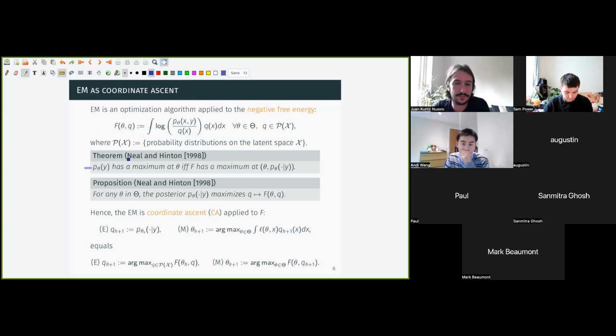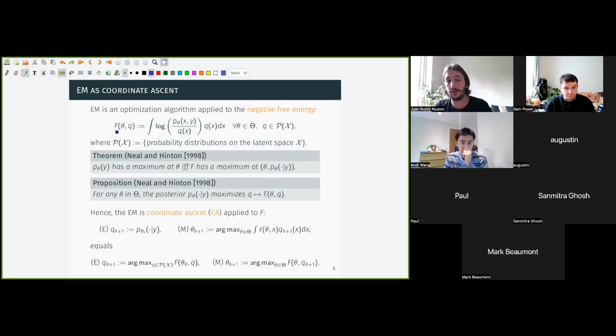This whole perspective predates this paper here, but I think this paper has a really nice and accessible presentation of it. In particular, it turns out that the marginal likelihood has a global maximum at some particular thetas if and only if the free energy has a global maximum at those thetas together with the corresponding posterior distribution over the latent space.